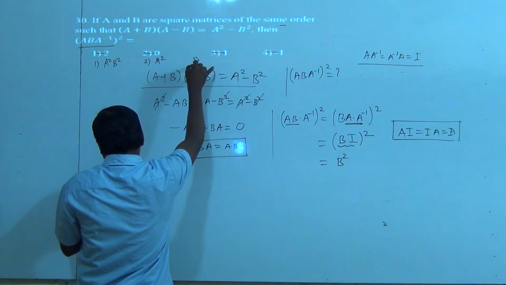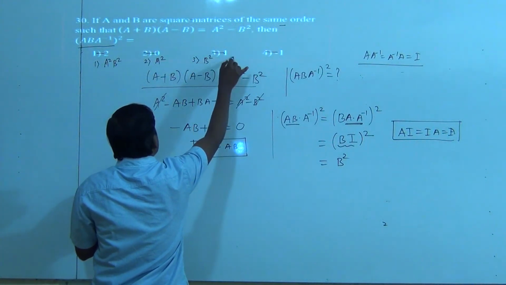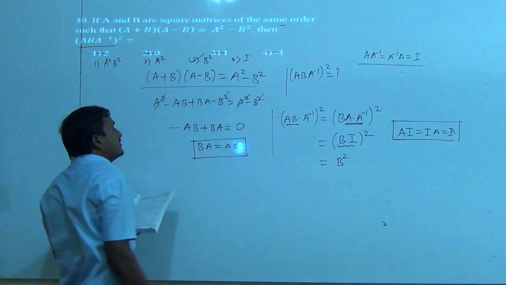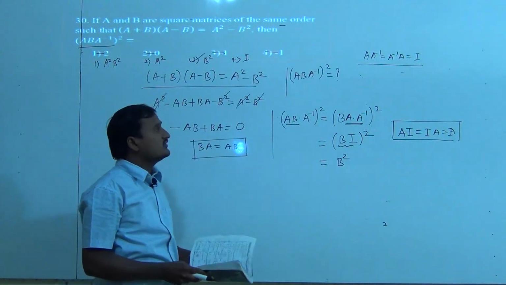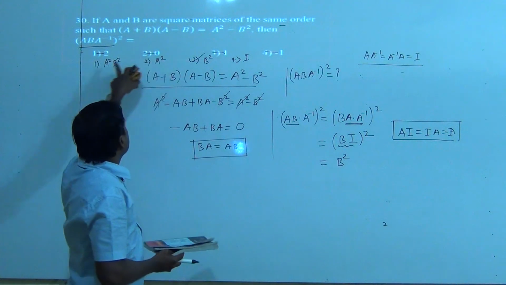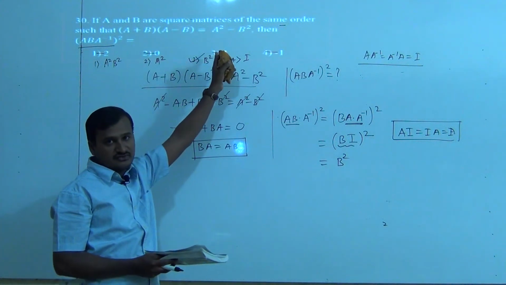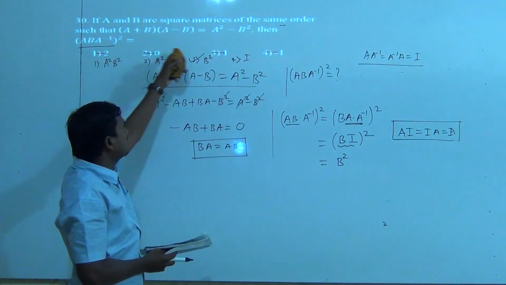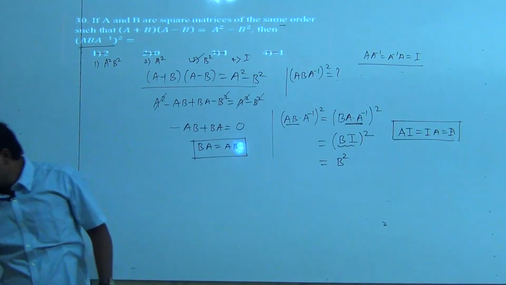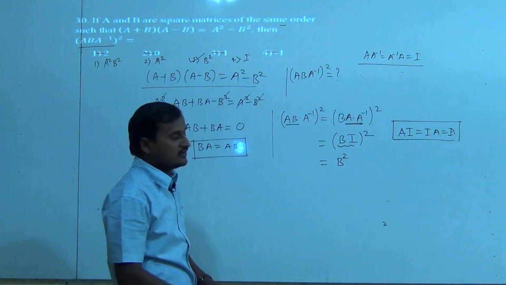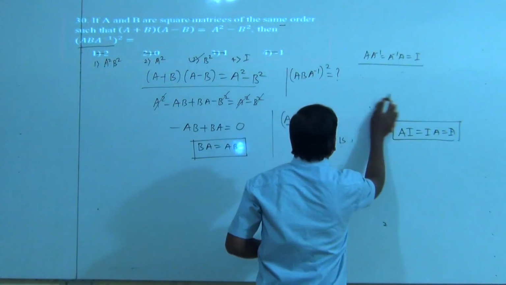Third option, that is B square is there. Fourth option is I is there. So clearly the third option is right. So in your material they have given the option, right? So here just you have to make the correction. Instead of these options they have written this one. Okay, so therefore clearly which option is the right one? The third option is the right one. Okay, we'll go for the next question.